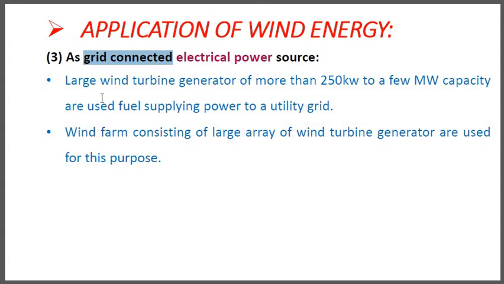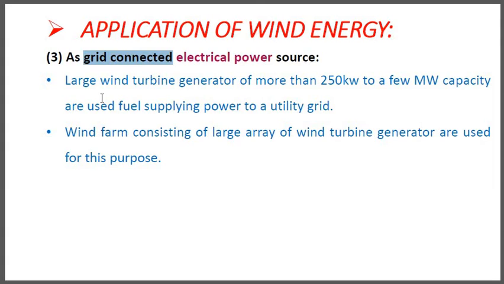Now, large wind turbine generators of more than 250 kilowatt to a few megawatt capacity are used for supplying power to a utility grid. Wind farms consisting of a large array of wind turbine generators are used for this purpose.